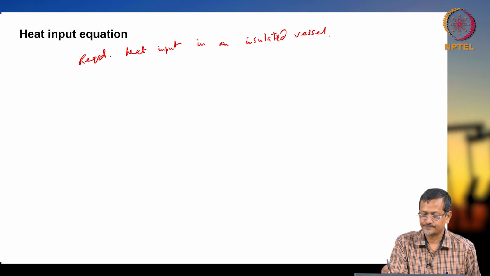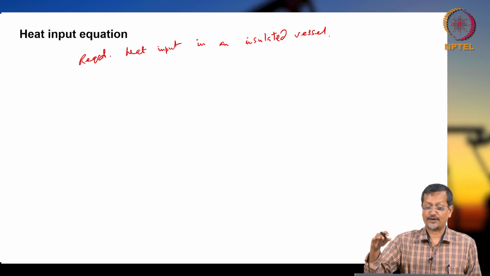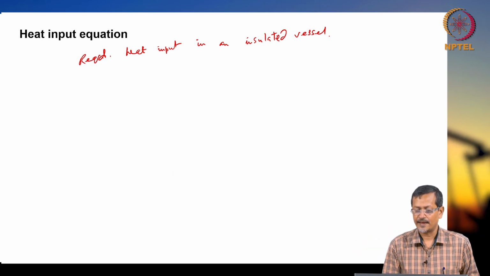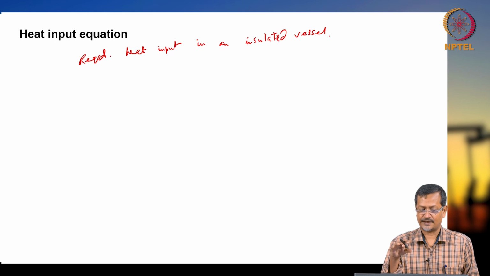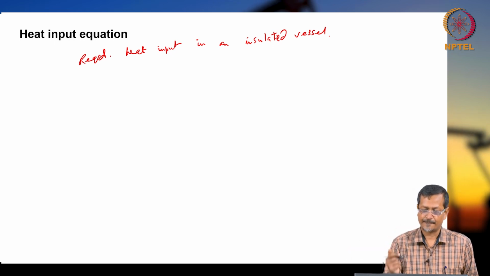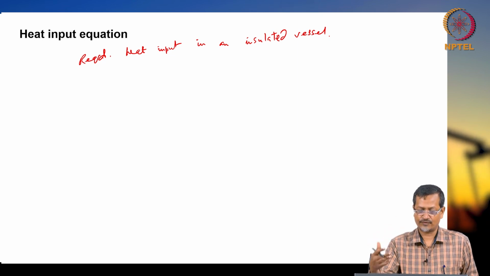Insulated means you are not allowing heat to go out. Insulation you use for electrical conductor systems also, but in a heat transfer system, insulation means you are not allowing heat to go out. So whatever heat you are giving will be used for heating your fluid only.